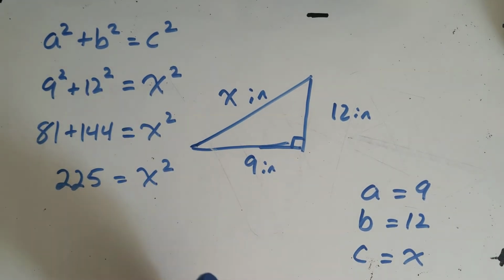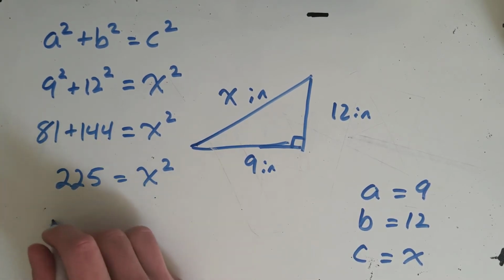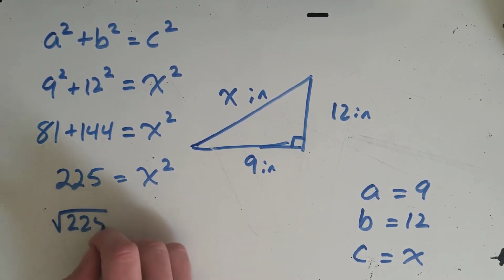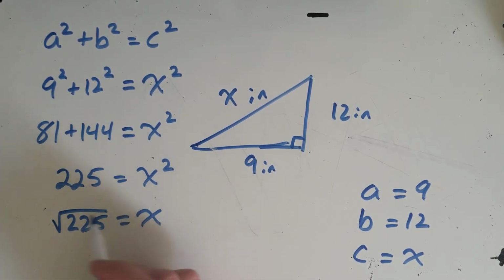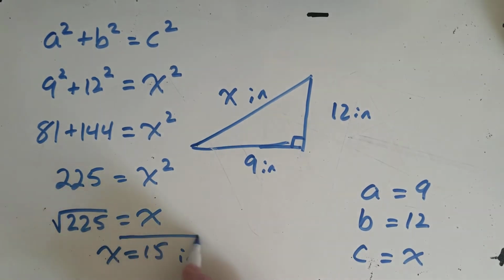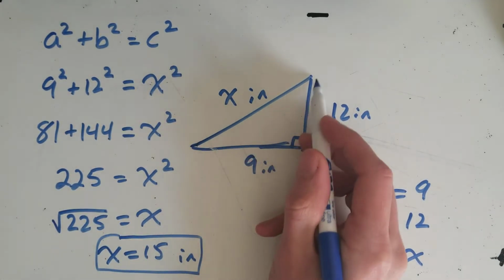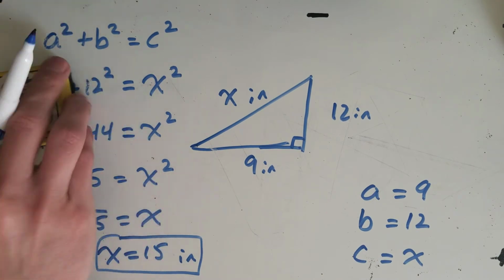Now if we think back to earlier in the year, to figure out what X is, we need to take the square root of 225. So what number squared gives us 225? When you do the calculation, you'll find X is 15. So the missing side is 15 inches. That's how the Pythagorean theorem works. So let's try another one. We'll keep that up there.